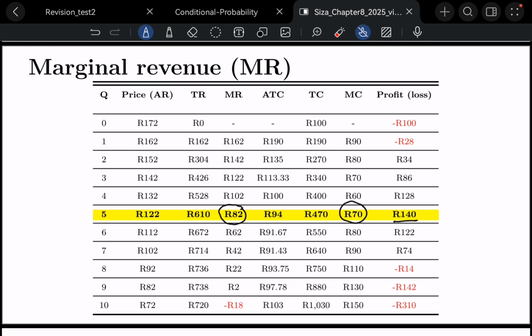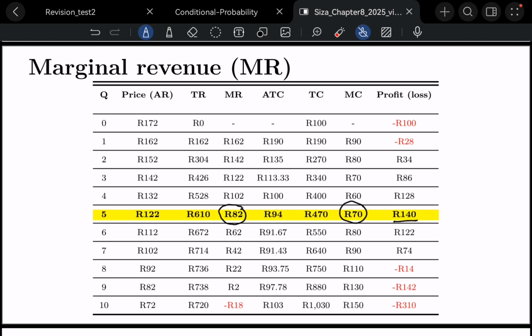It can be more than that, but because we're selling units of a good, this is where it's approximately equal. Because if it was to be 82 rands and 82 rands for marginal revenue and marginal cost, or some point where they're exactly equal, that would mean you have to sell maybe 5 point something goods or 4 point something goods, which doesn't necessarily make sense.